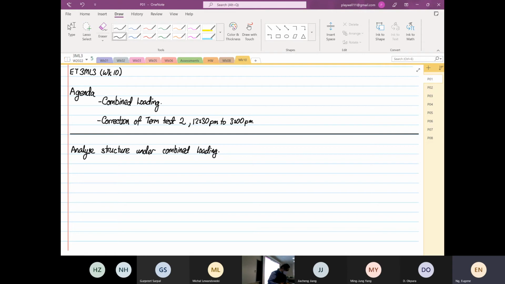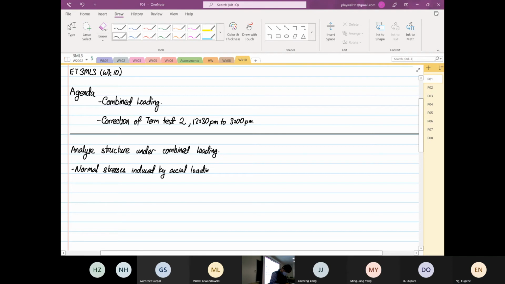We have analyzed normal stresses induced by axial loading and bending moment.